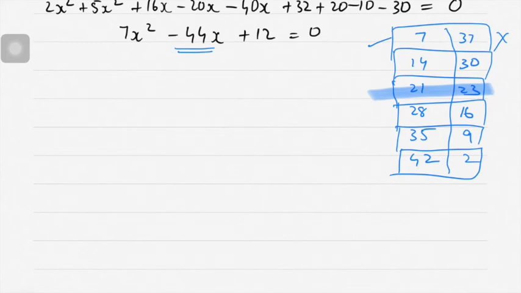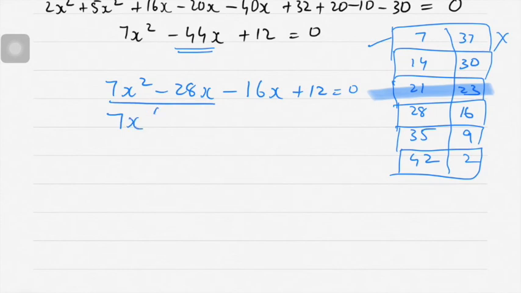Correct. Now let me take 28 and 16. Okay. When I take 28 and 16, so 7x square minus 28x minus 16x plus 12 is equal to 0. So here the common is 7x. I'll take that out. Remaining is x minus 4. Correct?